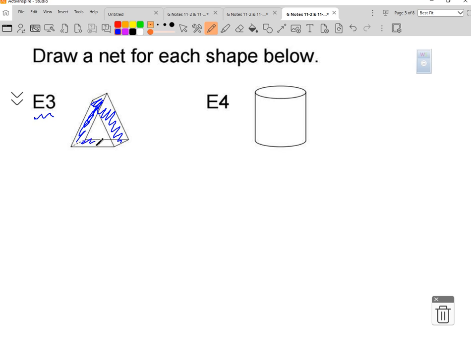So all of these are rectangles, and it's got pairs of parallel triangles. So this is a triangular prism. Prisms are also named by the shape of their base, and the bases are these parallel opposite bases. The triangular prism, and it's made of 3 triangles.